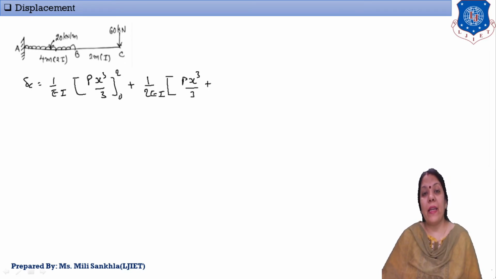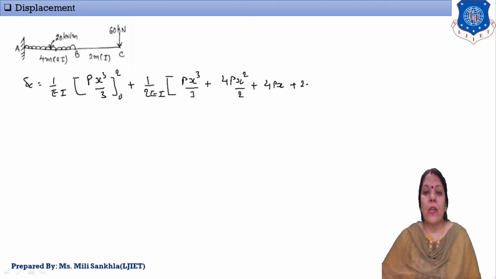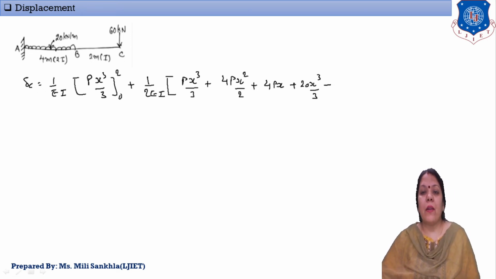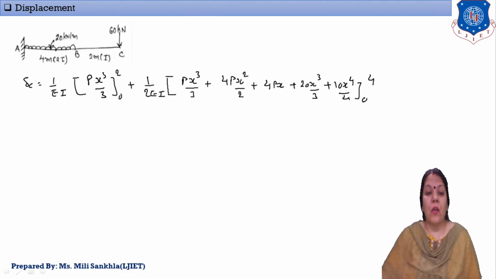Here I directly integrate: P x cube by 3, 4P x square by 2 plus 4P x and 20x cube by 3 and 10x raised to 4 by 4, and limit 0 to 4. Now here we put P is equal to 60 kilonewton.